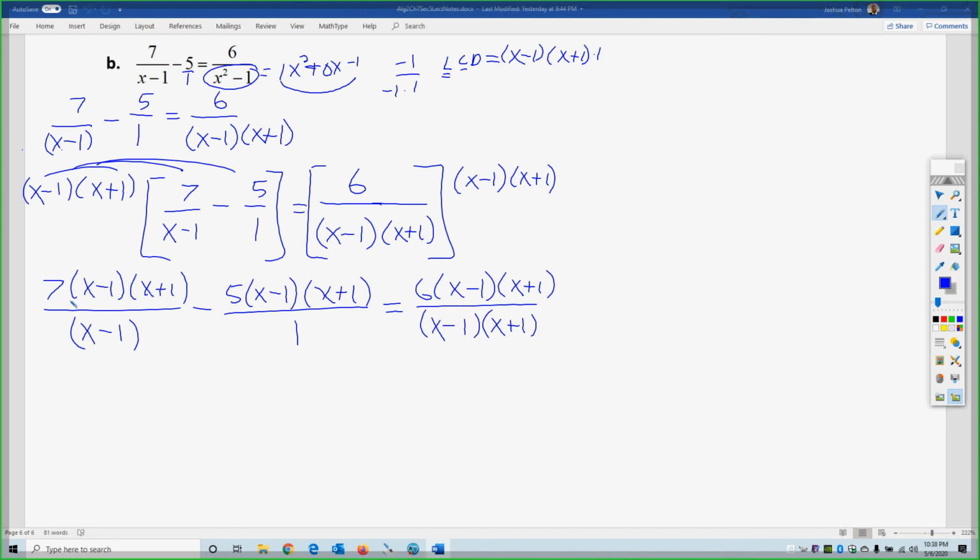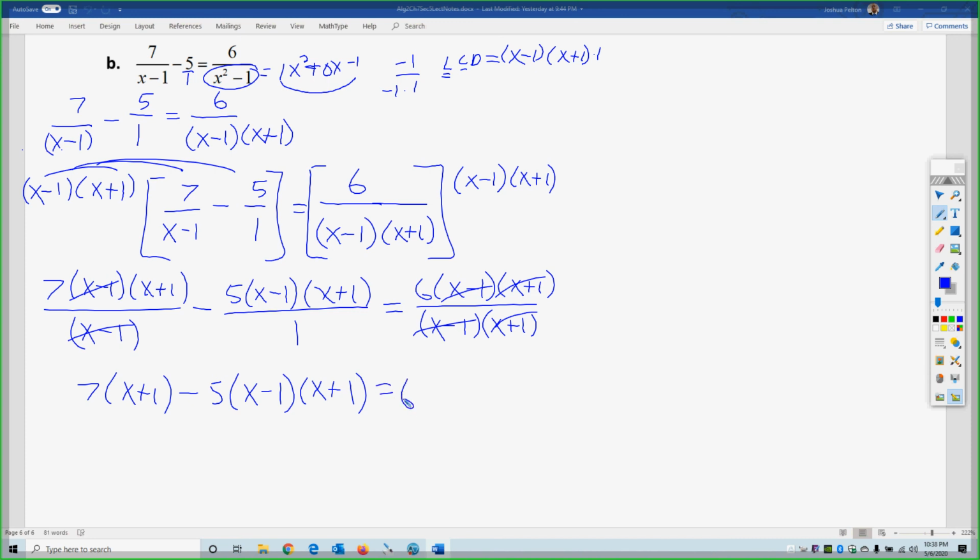Okay, so in the first one, the x minus 1's cancel. It was with 7 times x plus 1, minus 5 times x minus 1, x plus 1. Cancel, cancel, cancel, cancel. Leaves us with a 6.